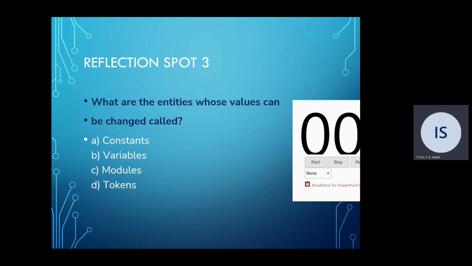Constants, variables, modules, or tokens. Let us see the answer. Whose values can be changed? The answer is variables, and whose values can't be changed? Those are constants. Whatever answers you have given, if they are correct, then go to the next slide. Otherwise, review the video once again.